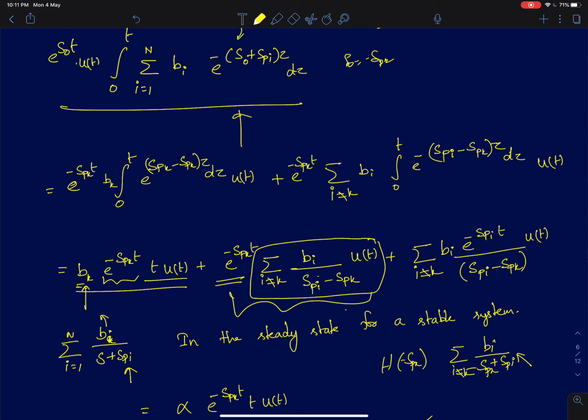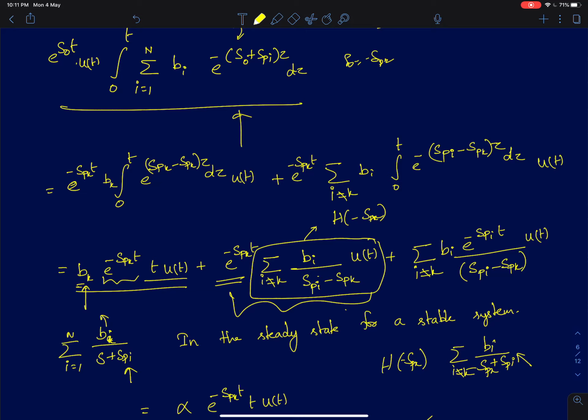If you closely observe this equation, it is nothing but H of minus s_pk, except we have removed one term from this, which is the term corresponding to B_k upon s_pk minus s_pk. We have removed that term because obviously that term is going to blow up to infinity, and that is taken care of in this integration.